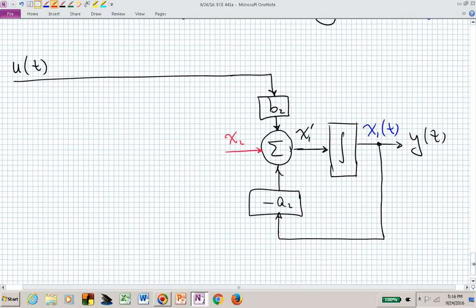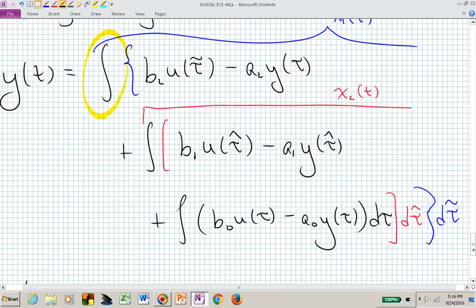And now I can repeat that process. I can now build the input to that integrator. If the output of that integrator is x sub 2, the input must be x2 prime, which is now what is enclosed in the square brackets that are red.